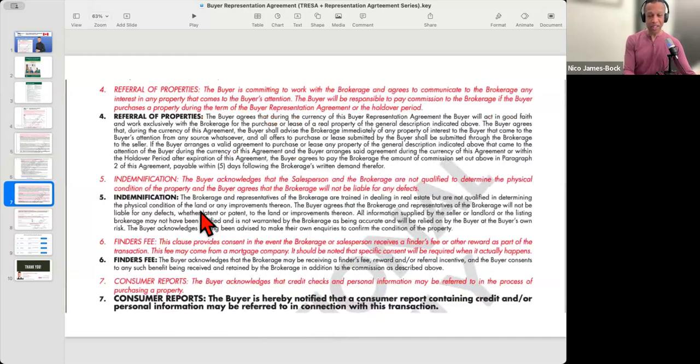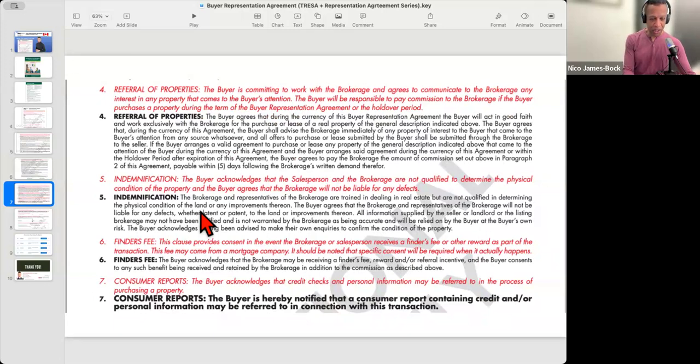So the buyer agrees that during the currency of the buyer representation agreement, the buyer will act in good faith and work exclusively with the brokerage for the purchase or lease of real property of the general description indicated above. There's a section of the buyer representation agreement that describes the type of real estate that the buyer will be purchasing.